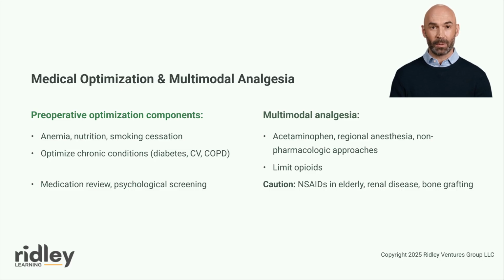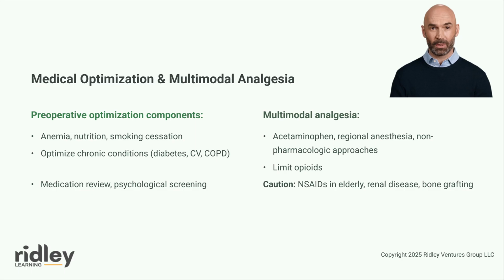A 2023 comprehensive review outlined key components of medical optimization, including management of anemia, nutritional assessment and supplementation, smoking cessation, optimization of chronic medical conditions, particularly diabetes, cardiovascular disease, and chronic obstructive pulmonary disease, medication review and adjustment, and psychological screening and support. Implementation of formal preoperative optimization programs has been shown to reduce complication rates, shorten hospital stays, and improve functional outcomes in total joint arthroplasty populations.